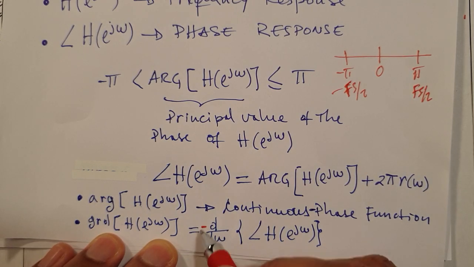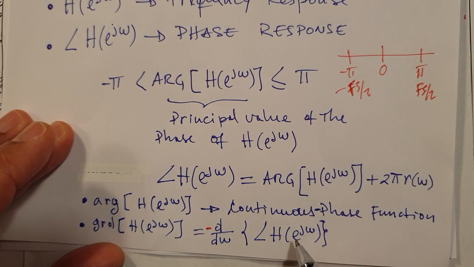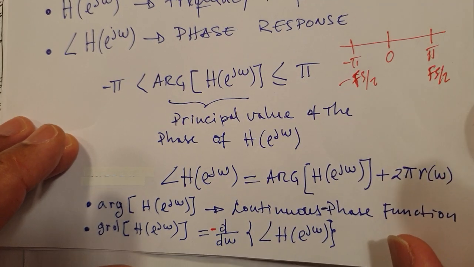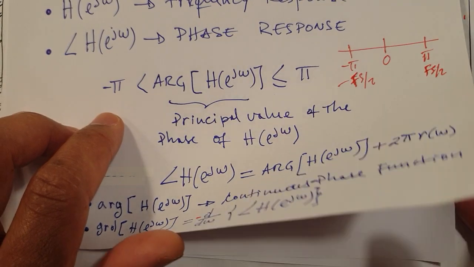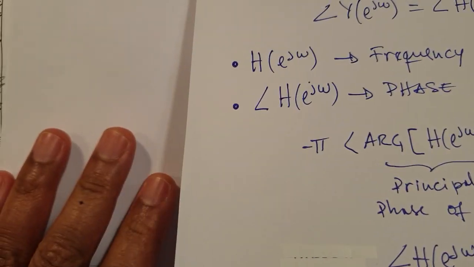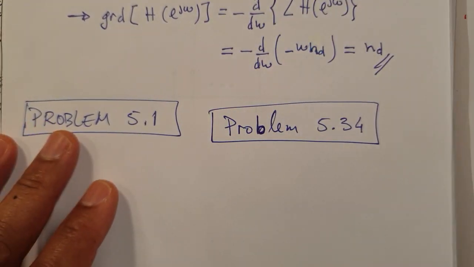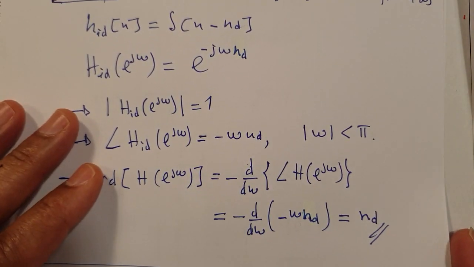Actually there's a minus here, which is minus the derivative of the angle with respect to the frequency omega. This will tell us quite a few things about systems, and I will connect it to an example here so that you can understand these things about angles and so on.